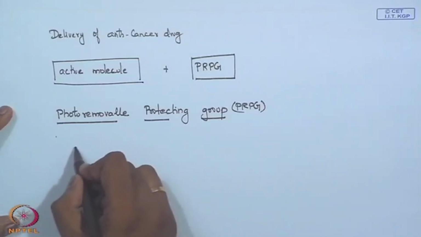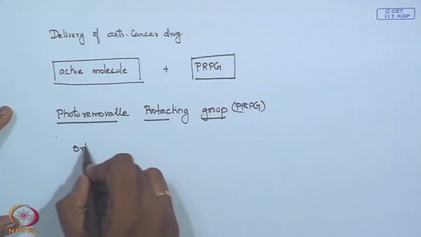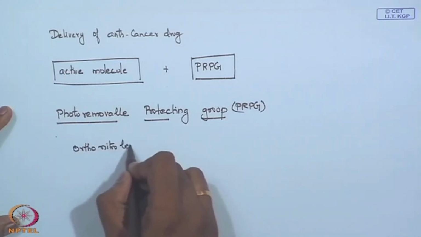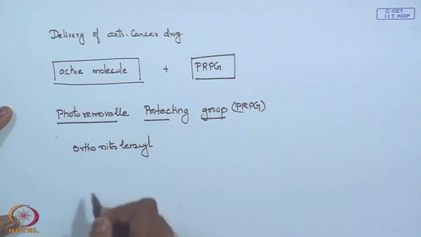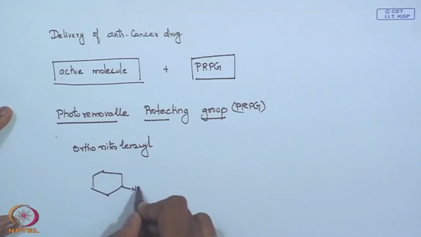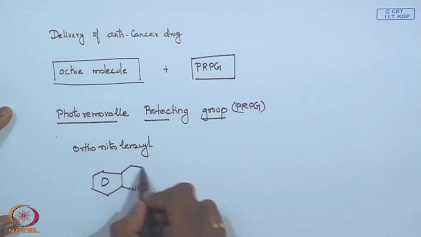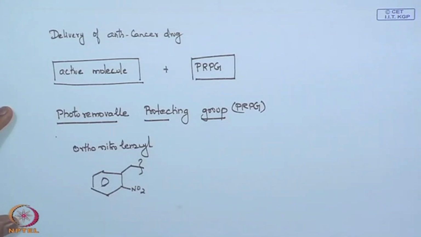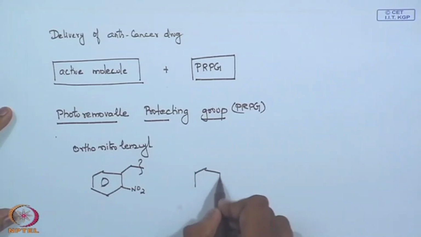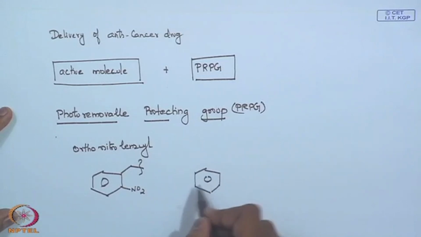You can have an ortho-nitrobenzyl protecting group. This is very commonly used. You can have your active molecule here. Ortho-nitrobenzyl chromophores are very much used. Then para-hydroxyphenyl compounds are used.